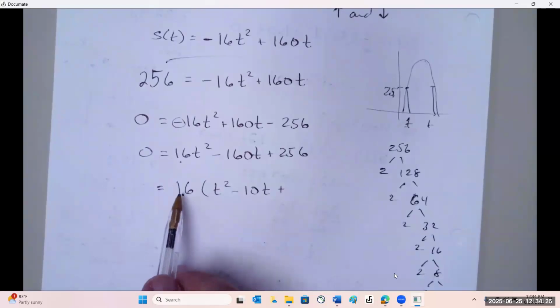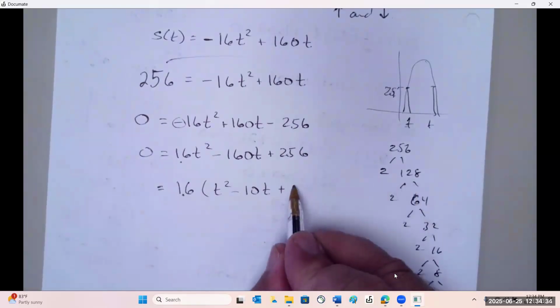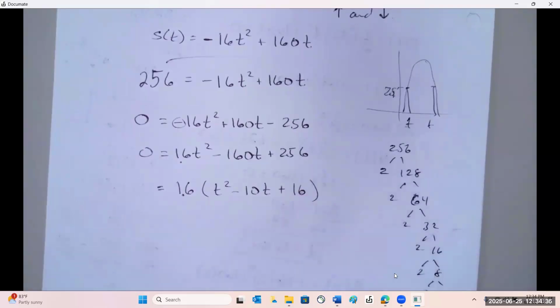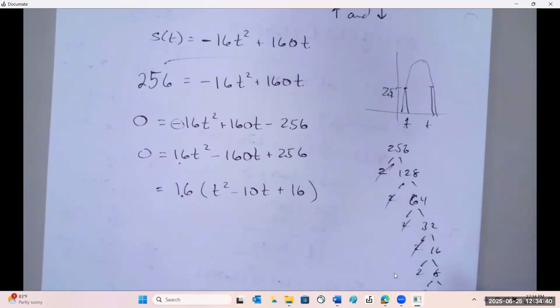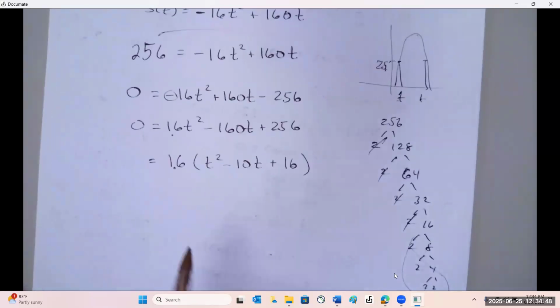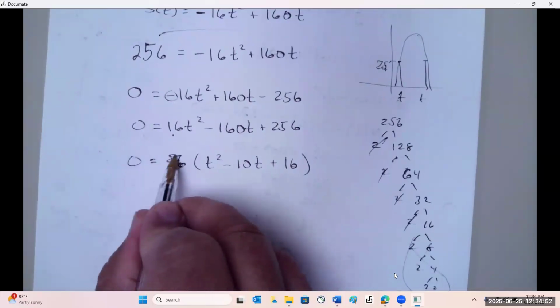Well, 16 is 2 to the what? 2 to the 4th. So we have 2 to the 4th out, and we're left with 2 to the 4th, which is 16. If we got rid of 16, which is 4 of these, we have 4 left. You don't need a calculator for this stuff. Divide both sides by 16, that disappears.